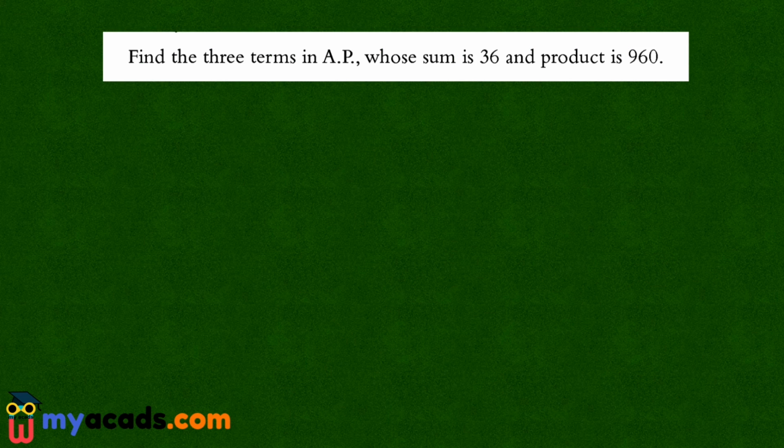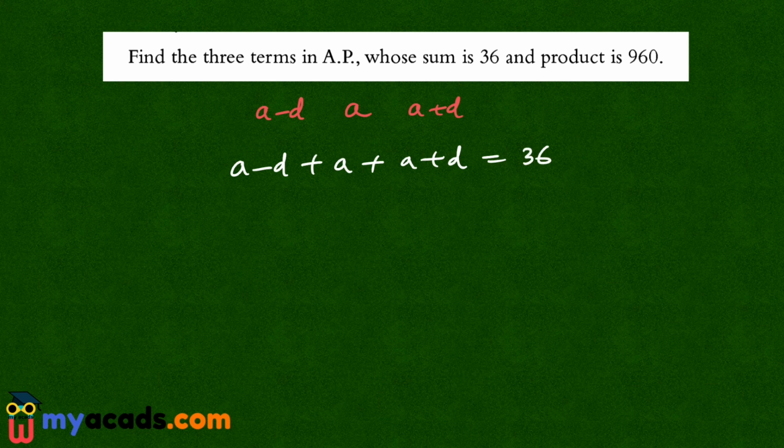Now let's understand this concept through an example. Let's solve this question. My question says, find the 3 terms in AP whose sum is 36 and the product is 960. Now let us suppose those 3 terms are a minus d, a, and a plus d. The question says that the sum is 36, meaning a minus d plus a plus d plus a is 36.